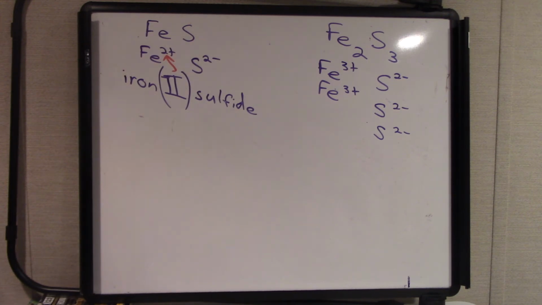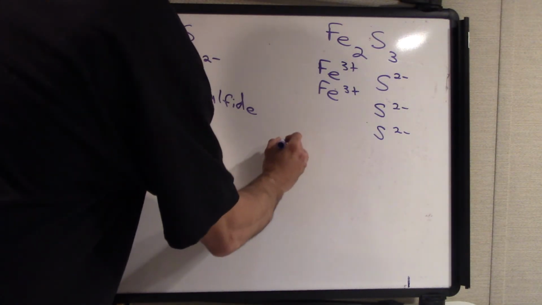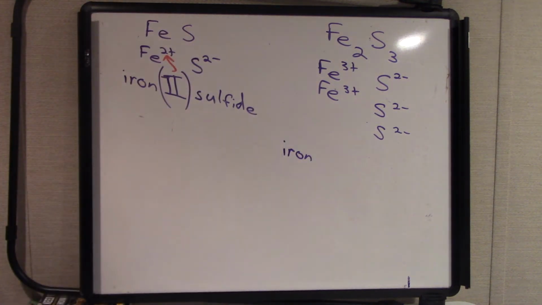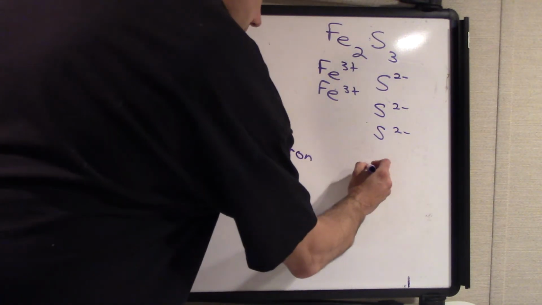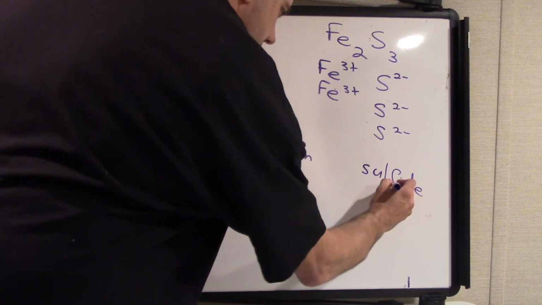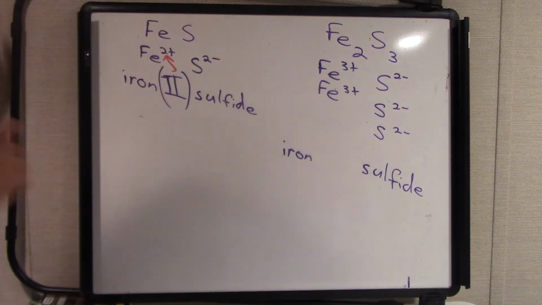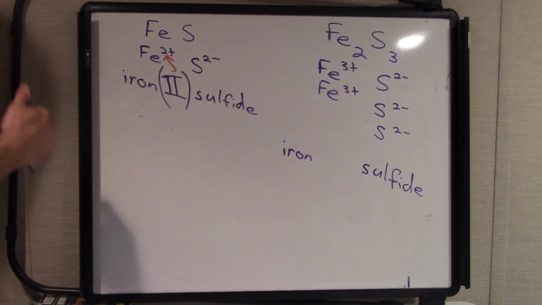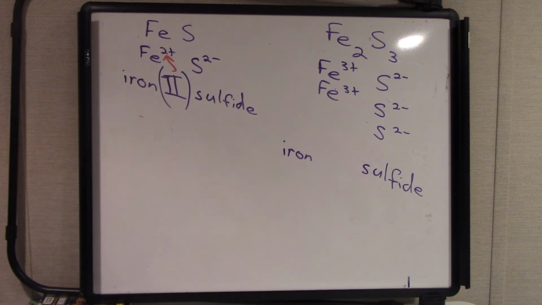So now I'm ready to name this. Positive ion first, keep the name of the element, that'll be iron. Negative element second, replace the ending with the IDE ending. And now because iron is a transition metal ion, I must use a Roman numeral in order to indicate its charge.